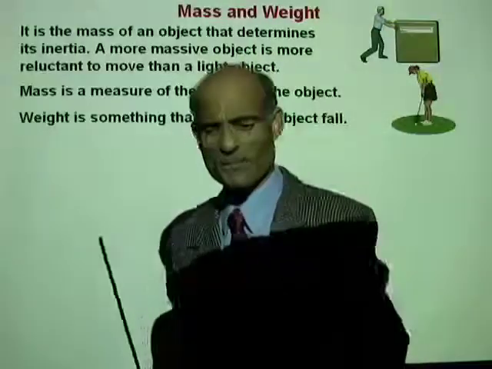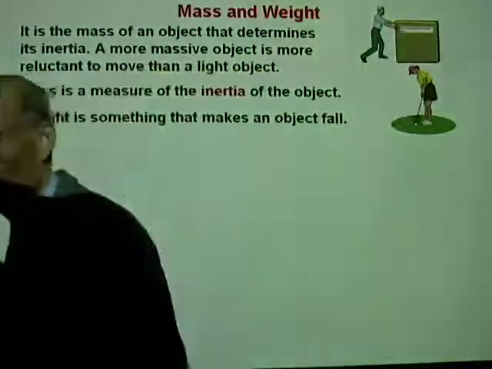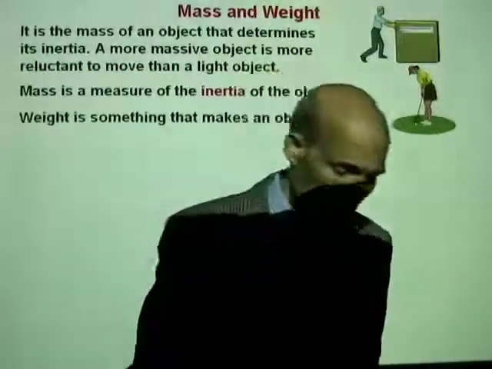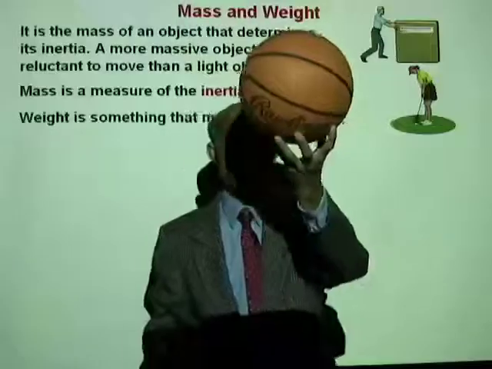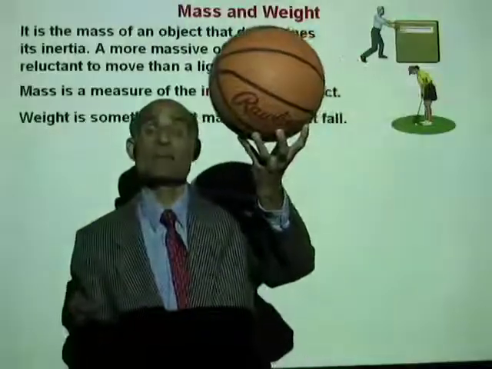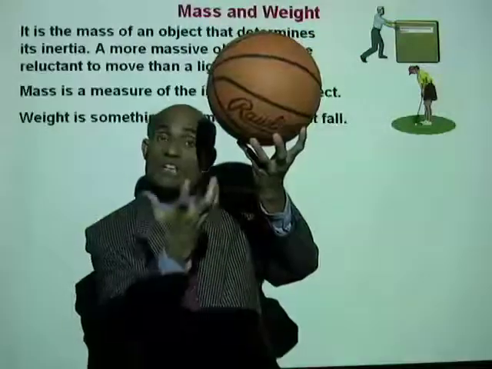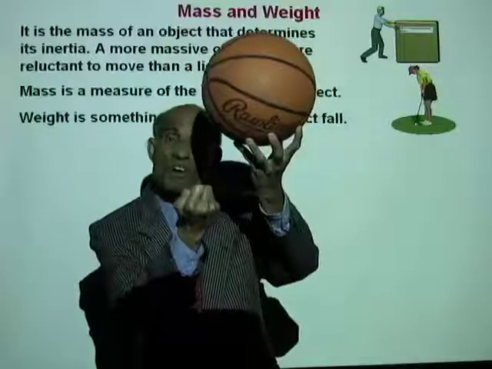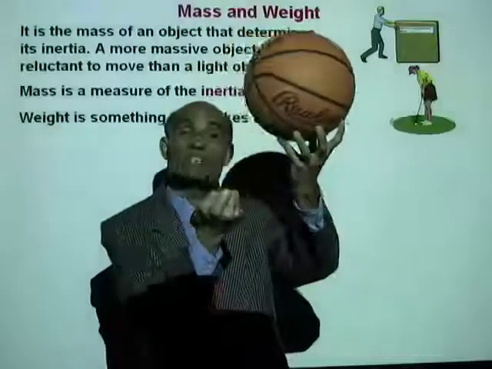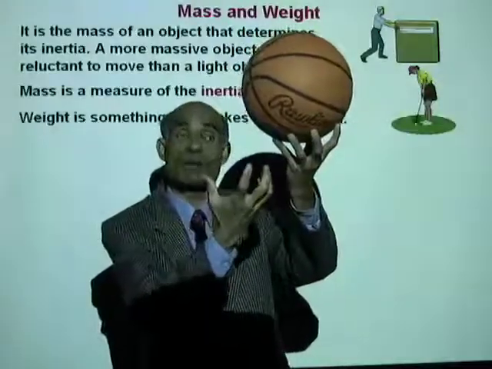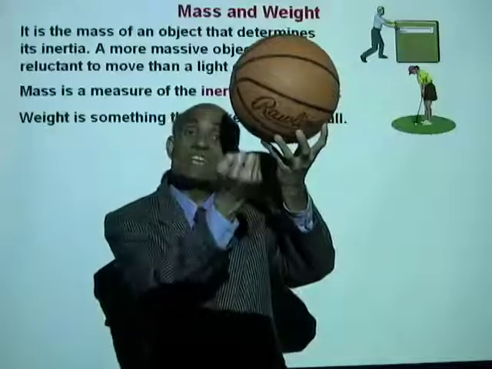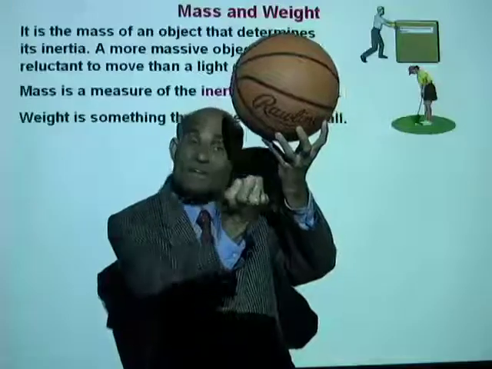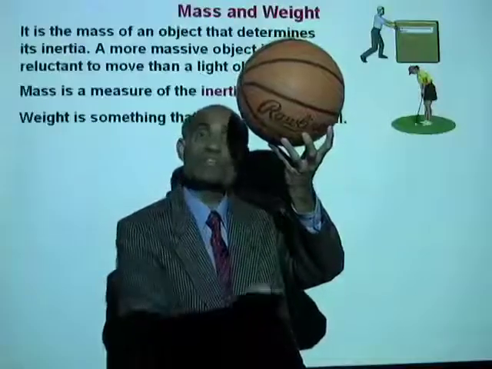What does that mean? What does the process of falling mean? Now, if I have a basketball here, it is at rest here. Falling means it is changing its state of rest. So what is making the ball fall? When I take my hand off, there is a net force that is pulling the ball towards the earth.